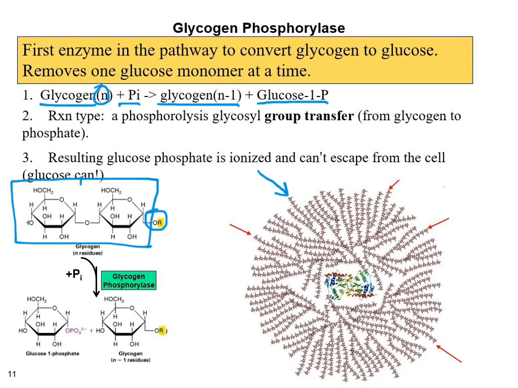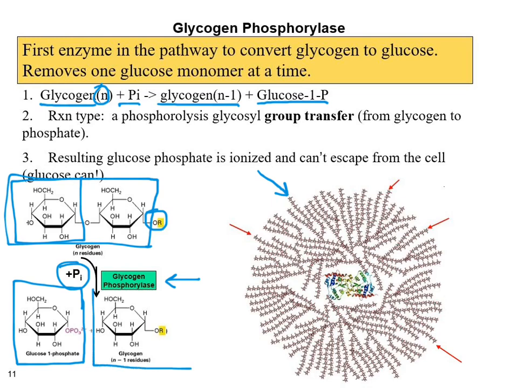And we're going to break this one off in the reaction. So glycogen phosphorylase, our enzyme, will use a phosphate molecule. And when it breaks off that last glucose molecule and adds the phosphate, there's our glucose 1-phosphate. And then this is the rest of the glycogen granule that's still remaining, and there's still a lot left.